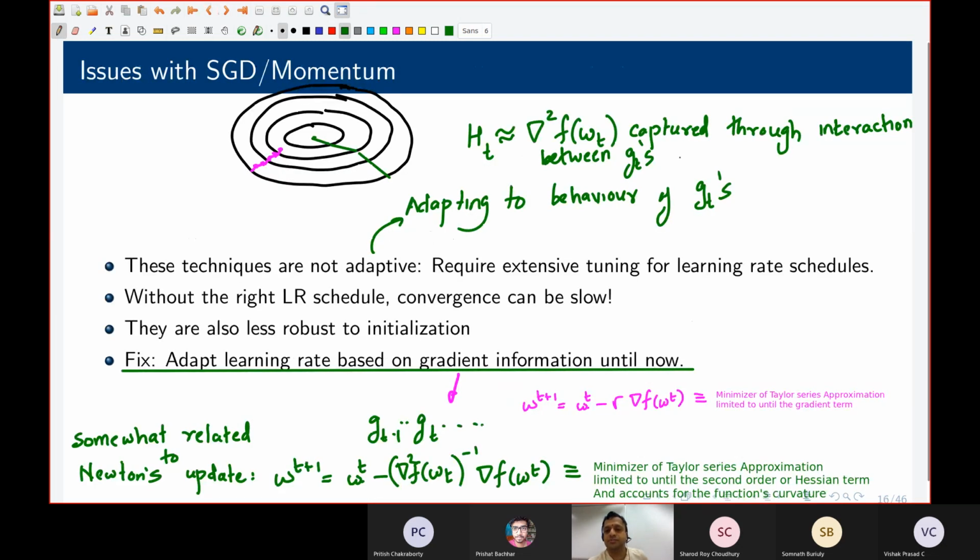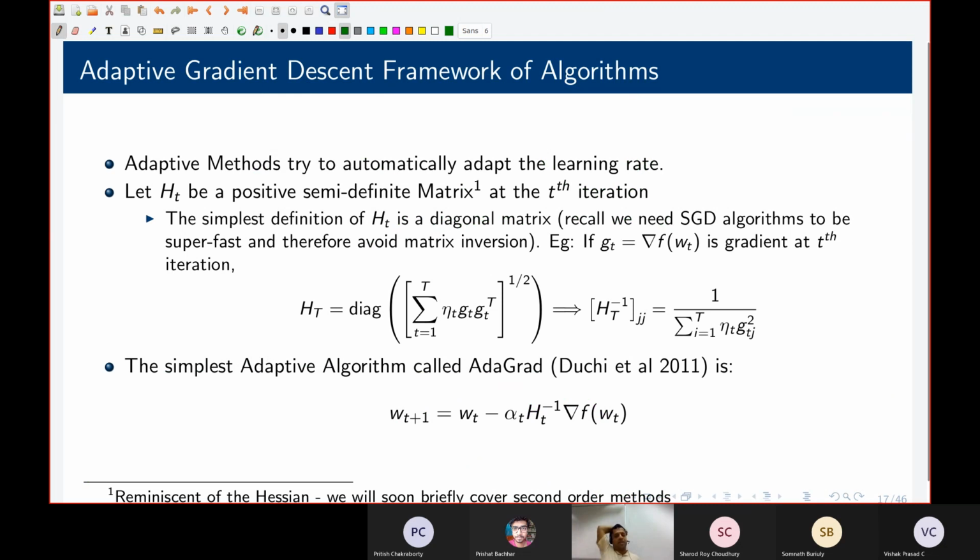It should be positive semi-definite, so we will ensure that throughout. So it's a positive semi-definite matrix, but how you compute it is what we will discuss now.